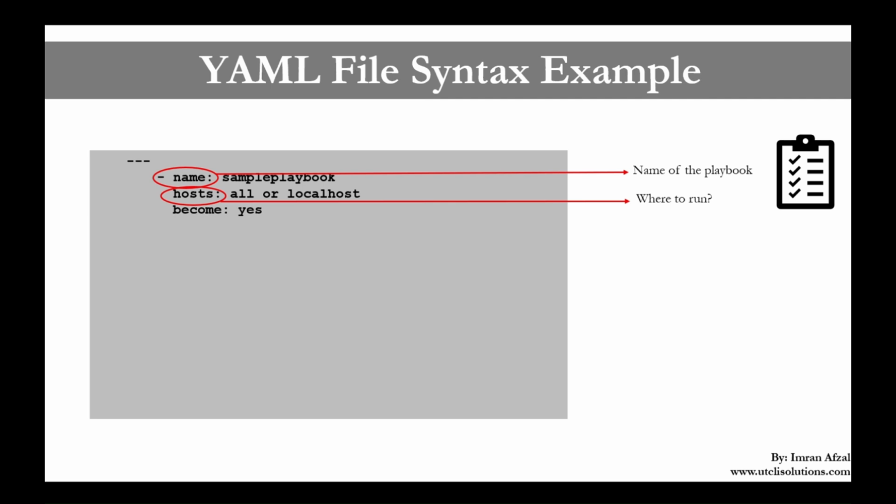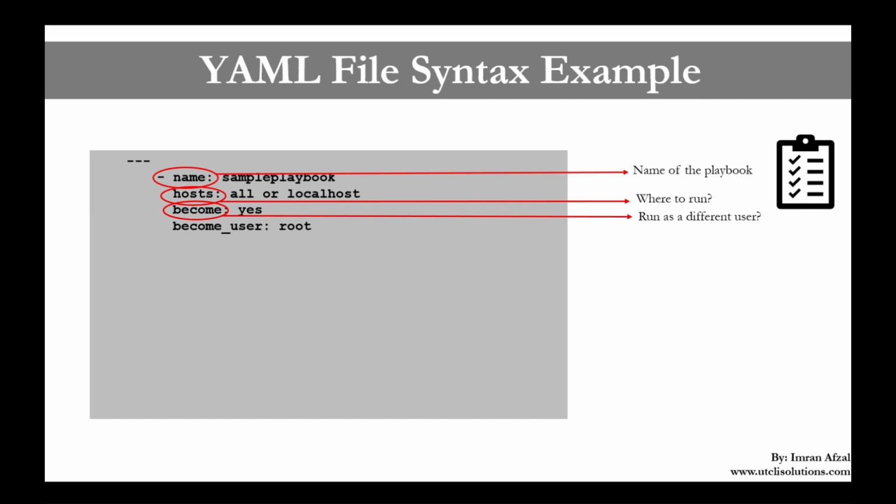Then another parameter in the YAML file is become, which states to run as a different user. If you type in yes, then it means you will have to define which user you want to run it as. So in the fourth line, you define become_user root. Now you do not need to define become yes or become_user.